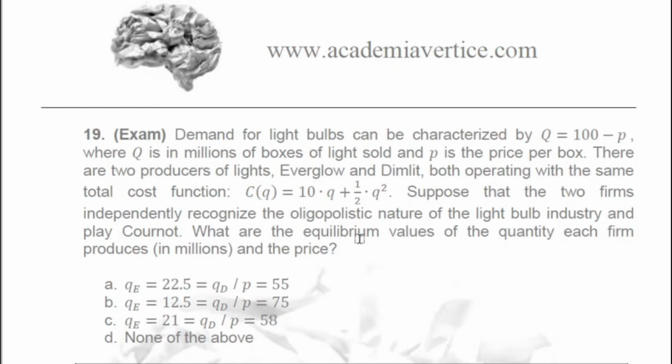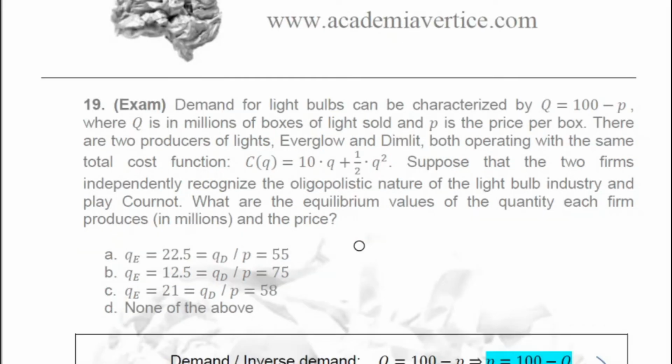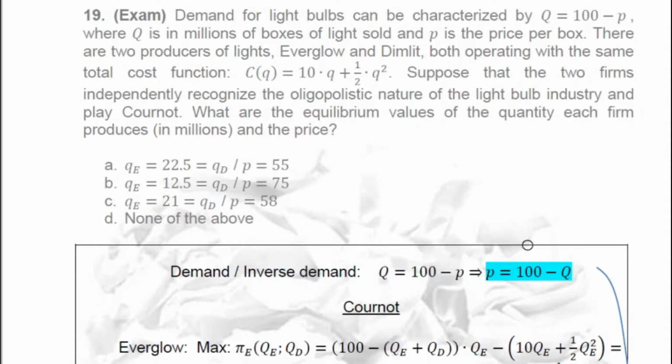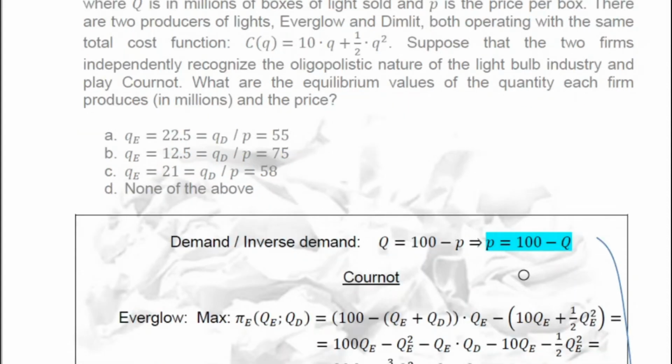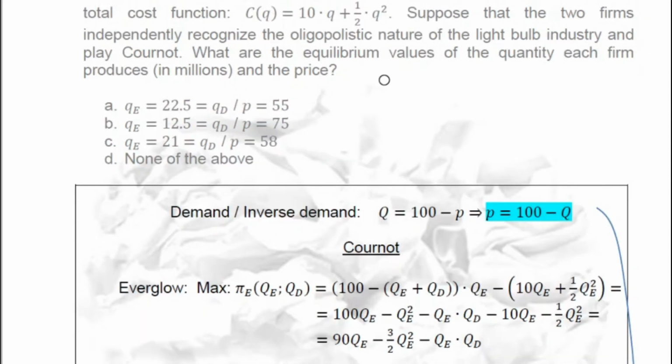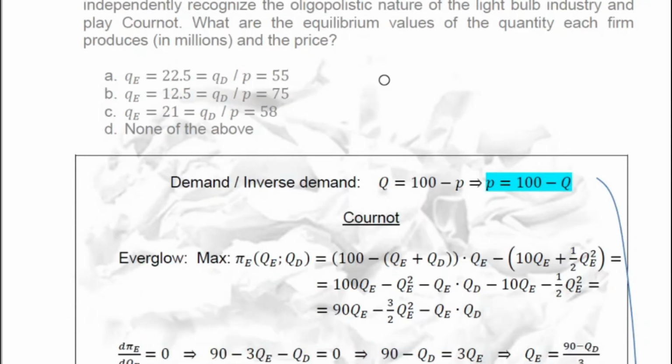Okay, so we just need to do Cournot. Then inverse demand, P equal to 100 minus Q, and now Cournot. As both firms are equal, we do the maximization problem just for one firm, for example, Everglow. The profits for Everglow would be 100 minus the combined quantity, this is the price, times the quantity Everglow would produce, minus its cost.